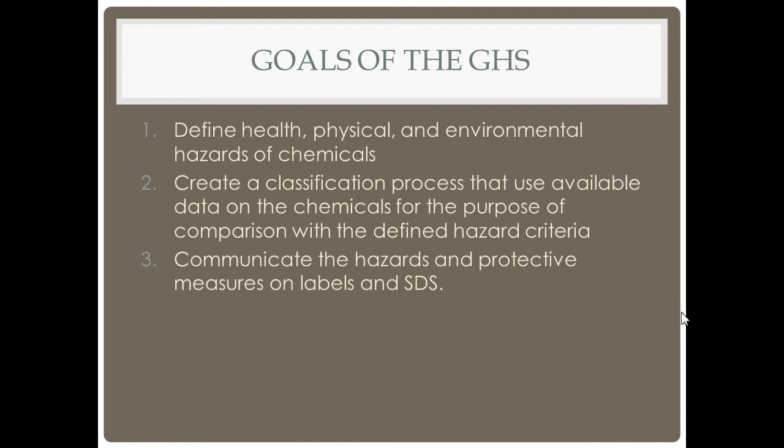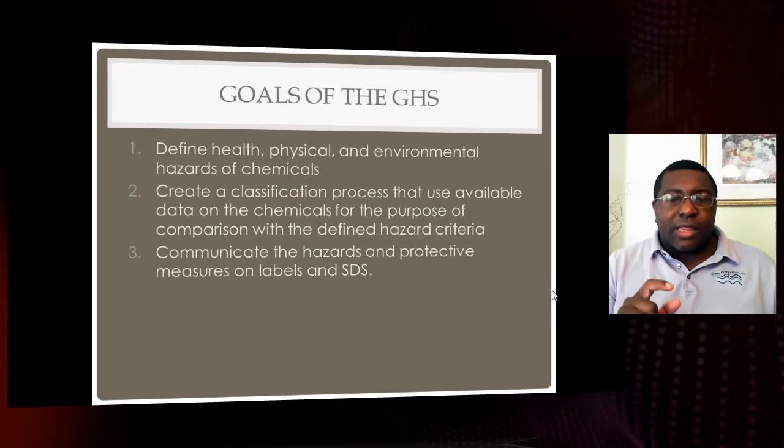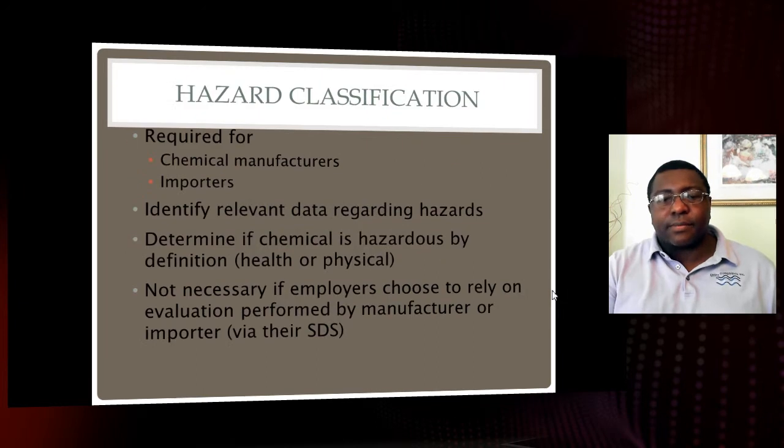So this new system is going to look at what we already know about some chemicals, and an international group is going to compare that to say, okay, this is truly what the hazards are related to these chemicals. And then after they get that worked out scientifically, they're going to communicate the hazards and protection measures with new labels and the new SDS.